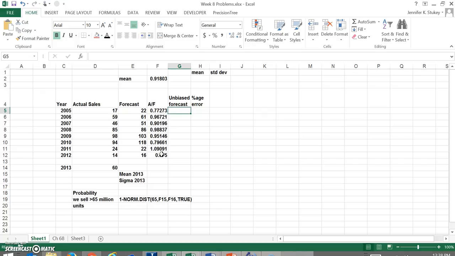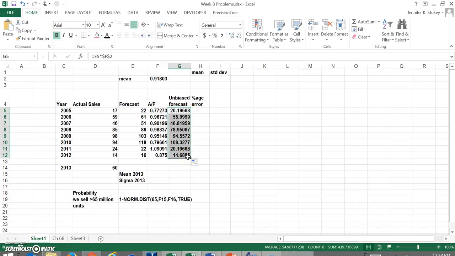Now we've got to calculate our unbiased forecast. We take our forecasted numbers and multiply each of those by the mean. When I hit my mean here, I'm going to make it an absolute reference so I can copy and paste my formula easily. When you do that, you should get 20.19, and then I copy and paste that formula down.